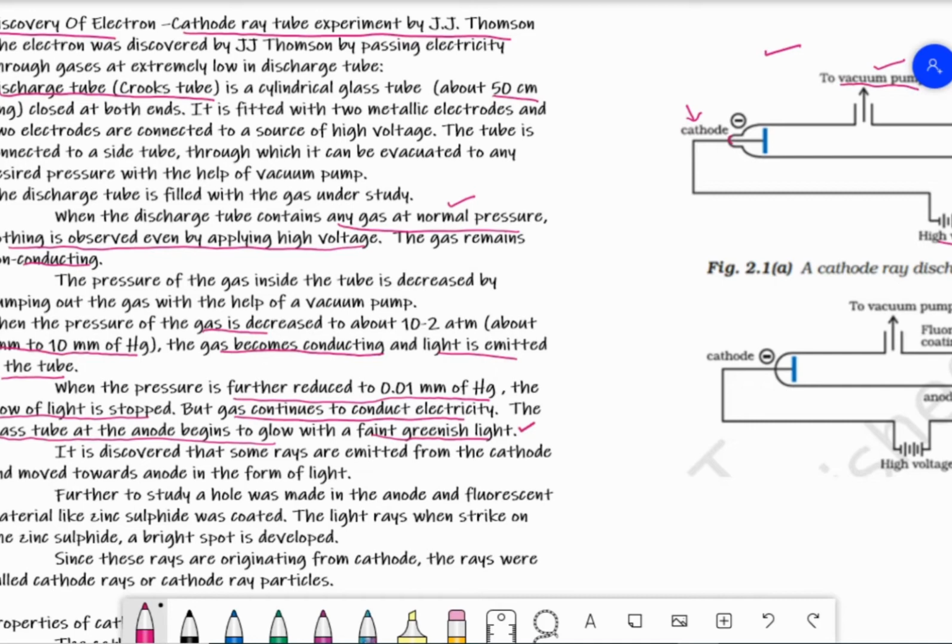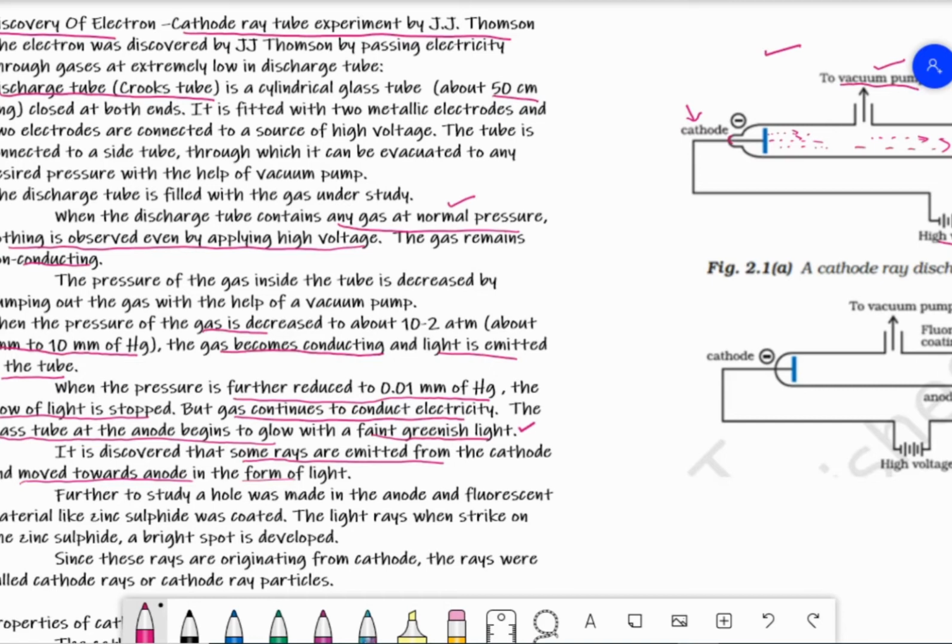So the scientists discovered that some rays are emitted from the cathode and move towards the anode in the form of light. That's why we can see a faint greenish light on the anode side.